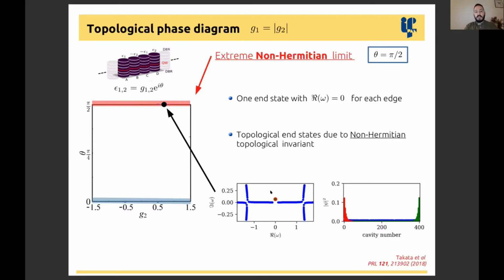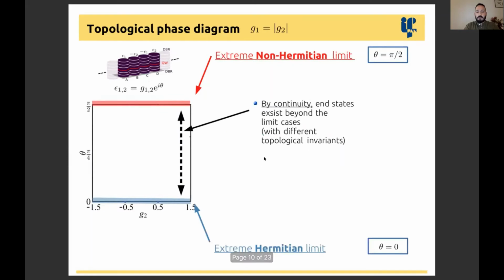Eventually, they reach the situation of the purely non-Hermitian limit. So we can say that by continuity, these end states exist beyond the limit cases, even if there are two different topological invariants, which is already an exotic fact, but we accept it.